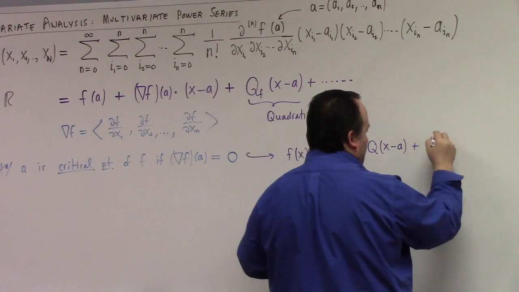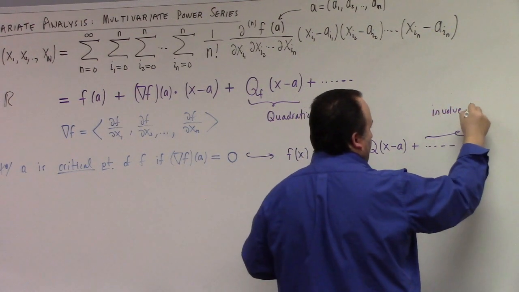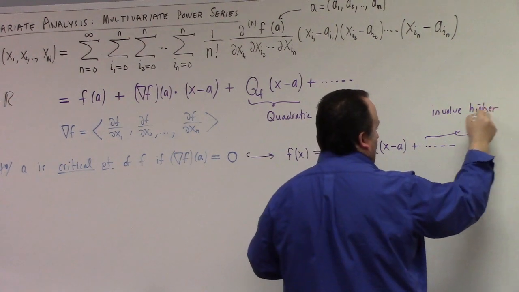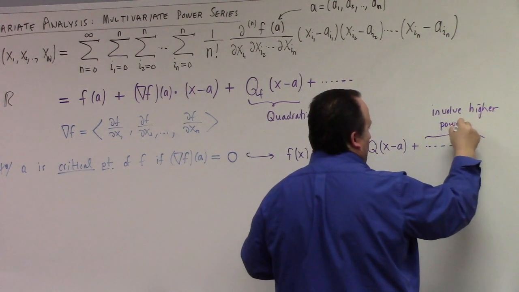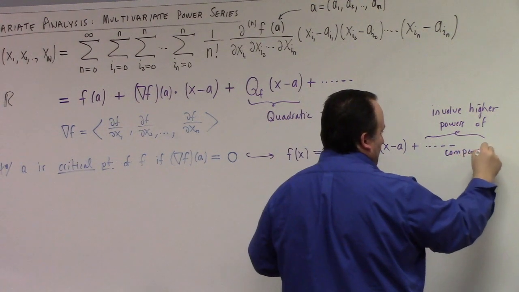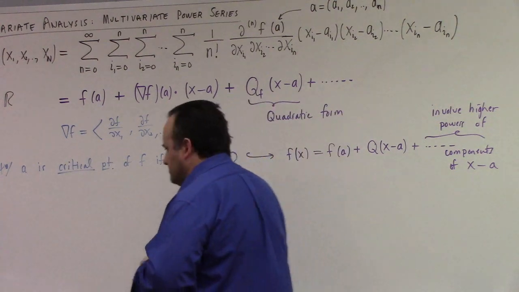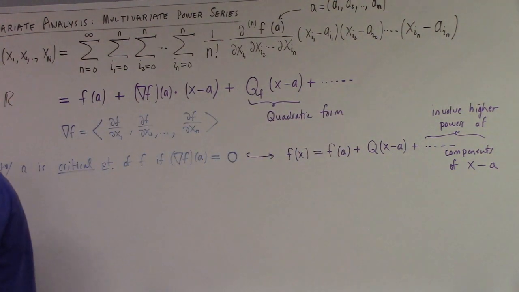But the things that are missing here involve higher powers of components of x minus a. So they involve cubes or fourth powers or fifth powers or still higher powers of x minus a, right?